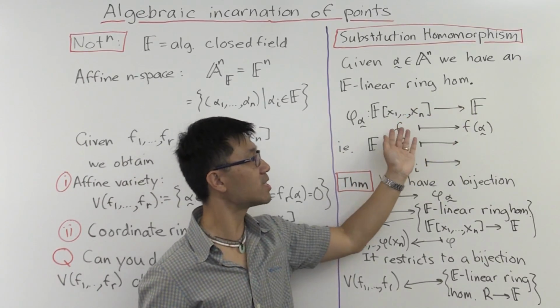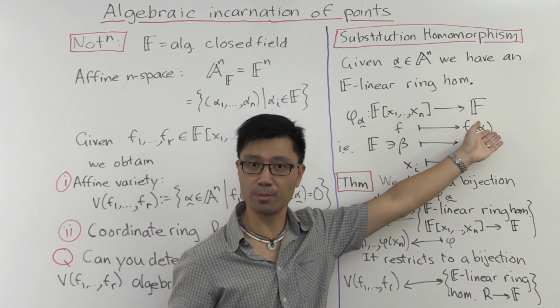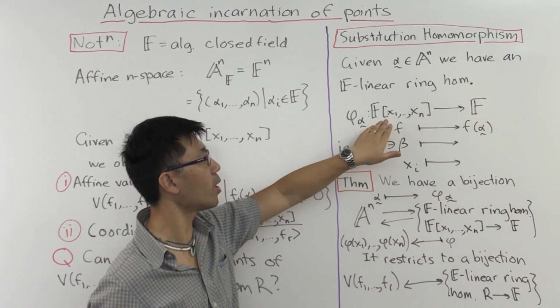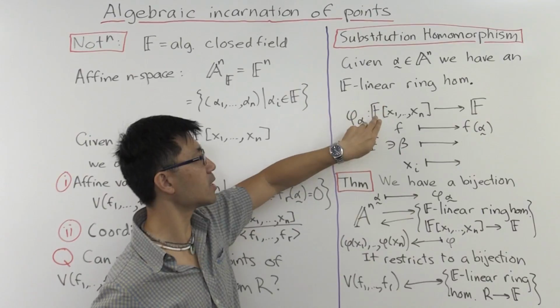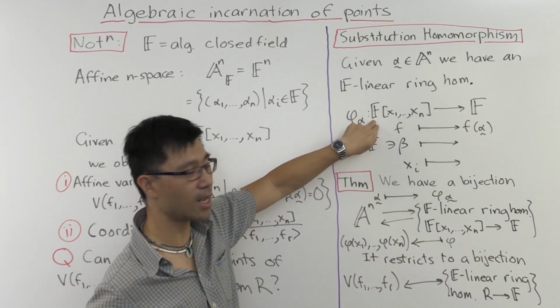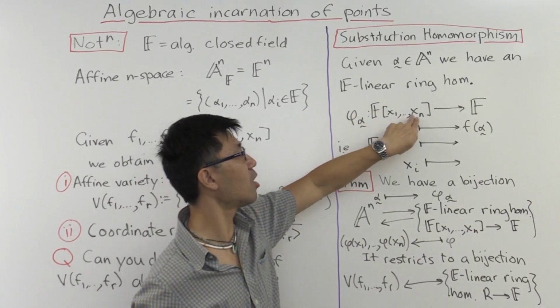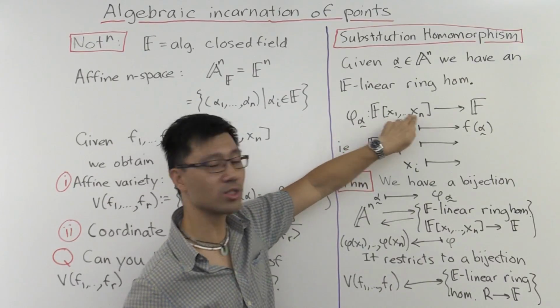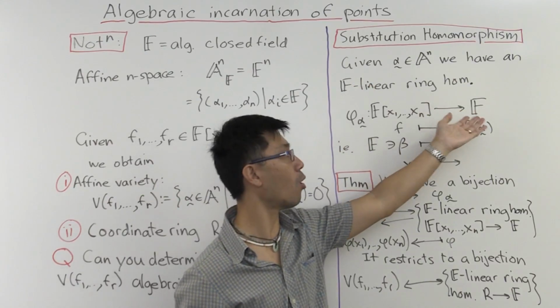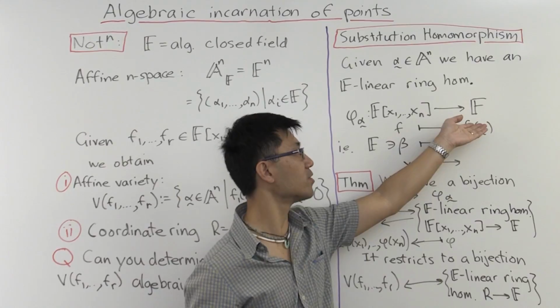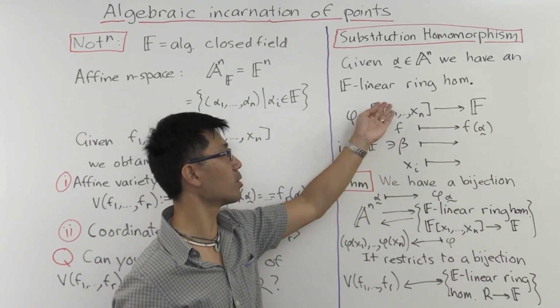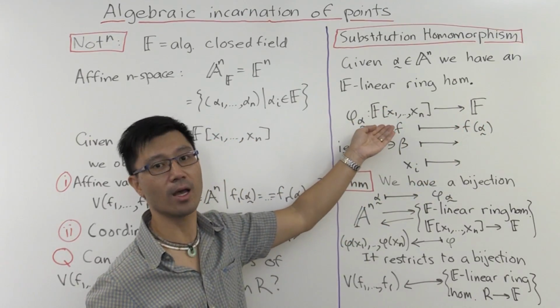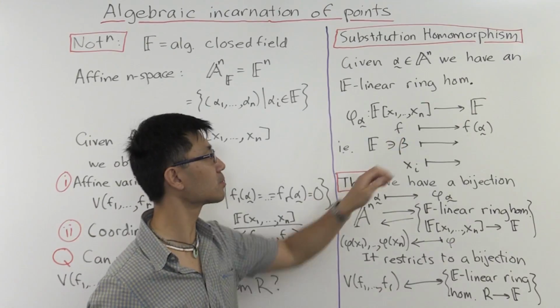So another way to state what this ring homomorphism does is to look and see what it does to, firstly, the coefficients, the scalars, and each of the variables. Once you know that, you know what the whole homomorphism is, because the ring homomorphism is additive and it's also multiplicative.